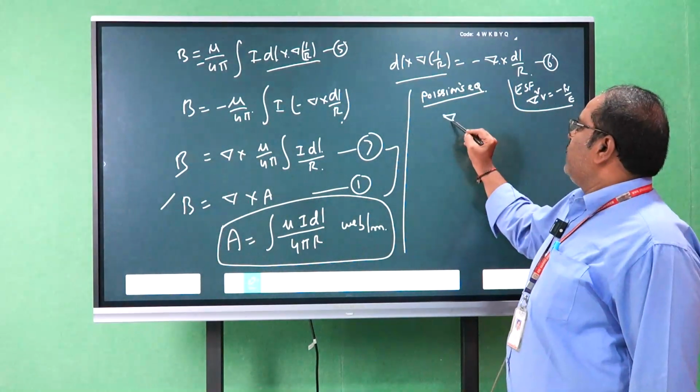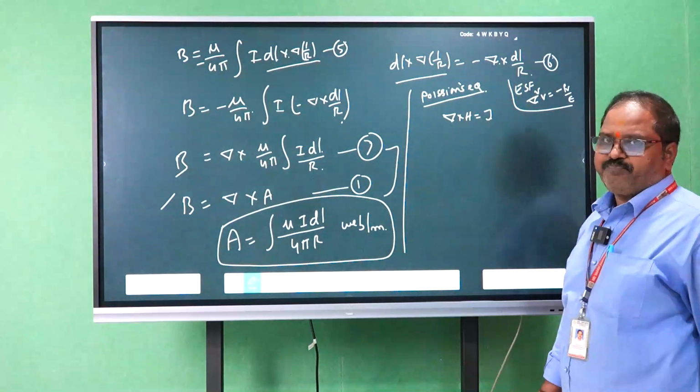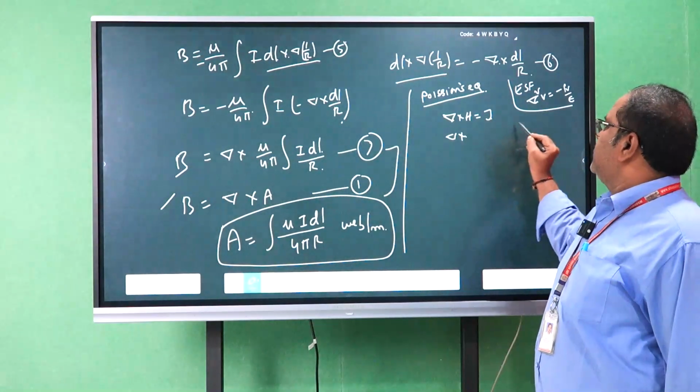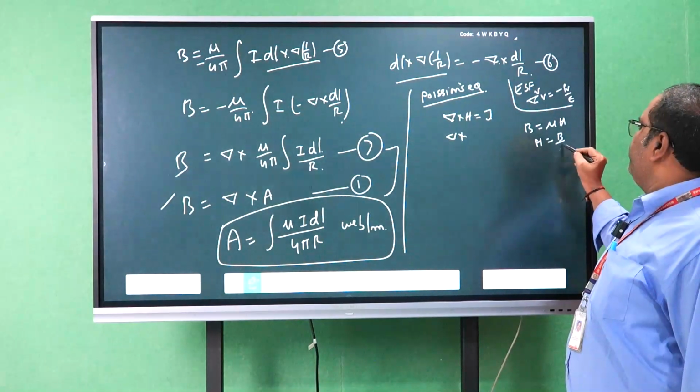According to Maxwell's third equation, del cross H is equal to J. B is equal to mu H, therefore H is equal to B by mu.